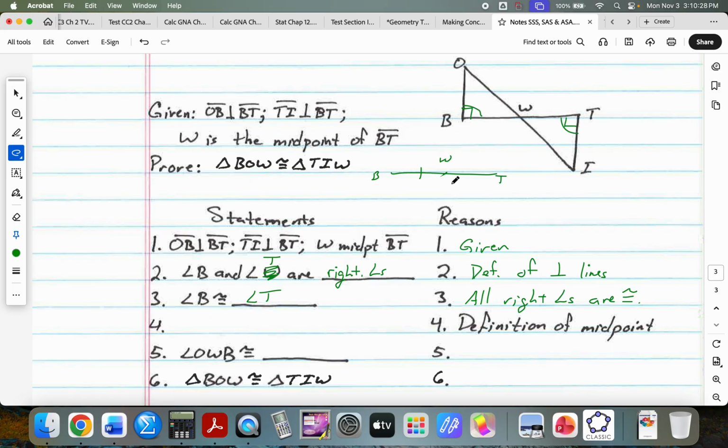Segment BW is congruent to segment WT. Exactly right. Segment BW is congruent to segment WT by the definition of midpoint. It told you you were going to use the definition of midpoint. That's how I knew what to fill in over here.